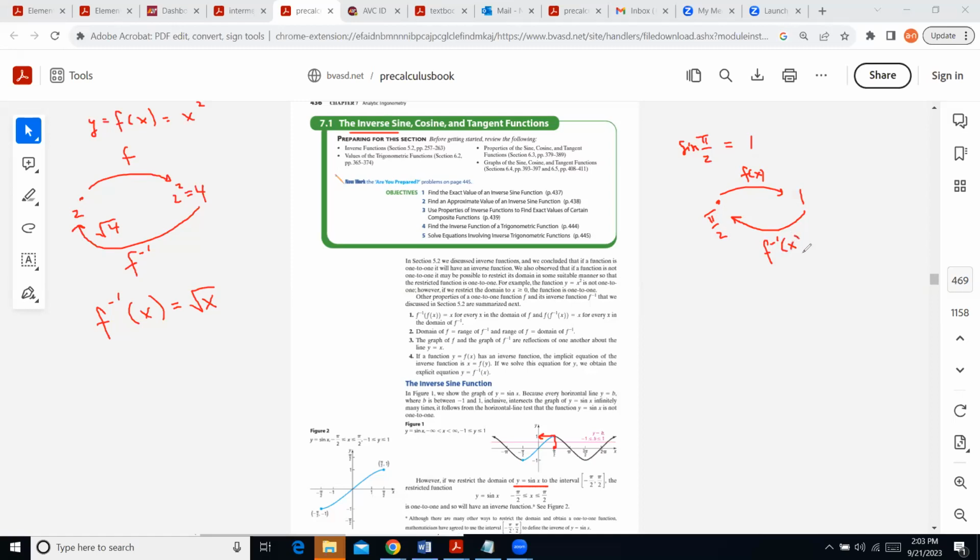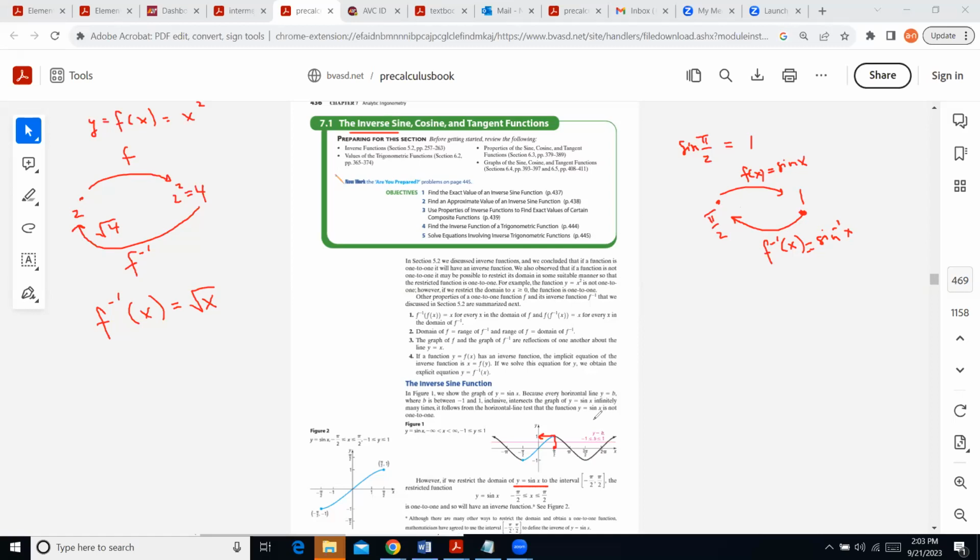And if you had started with the function sine, its inverse function is called arcsine, sine inverse of x. So if you apply inverse sine to the value of 1, you get back to pi over 2.